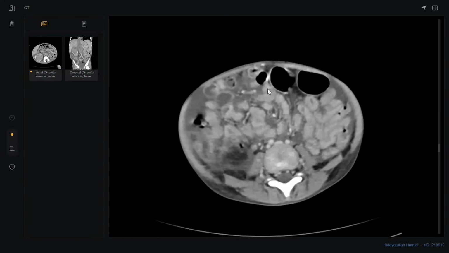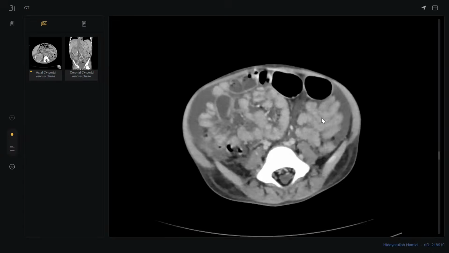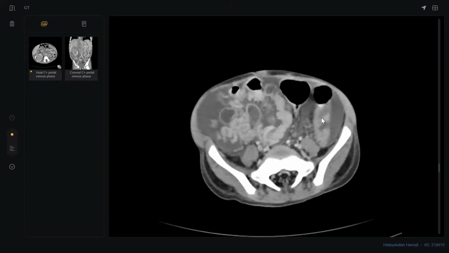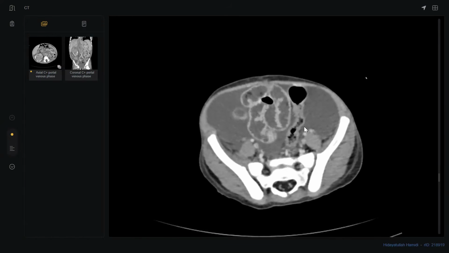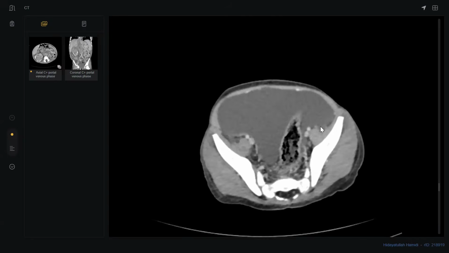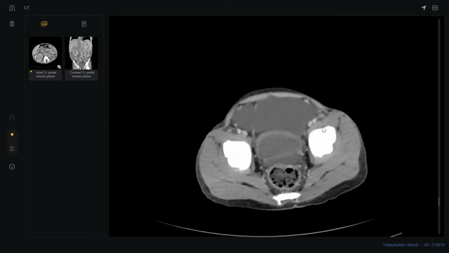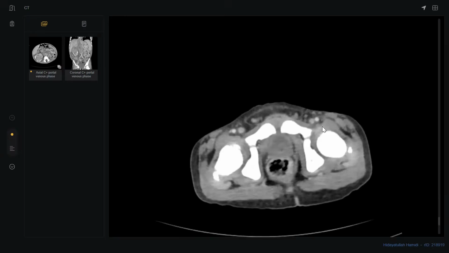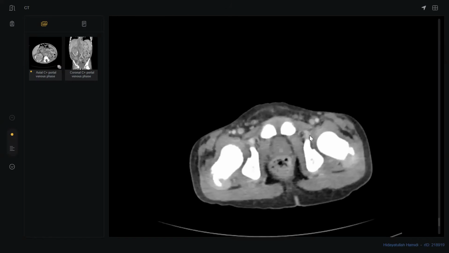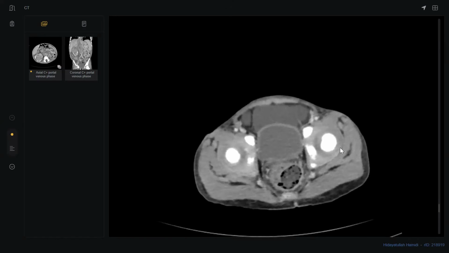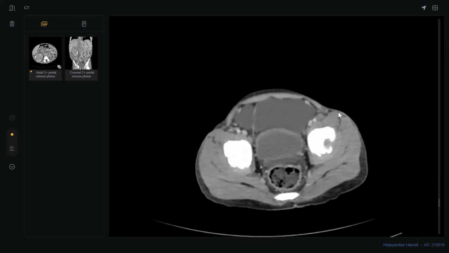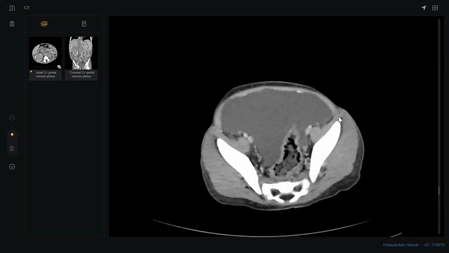I am looking for any peritoneal mass. I also want to see the bones on sagittal reformatted images, if available.